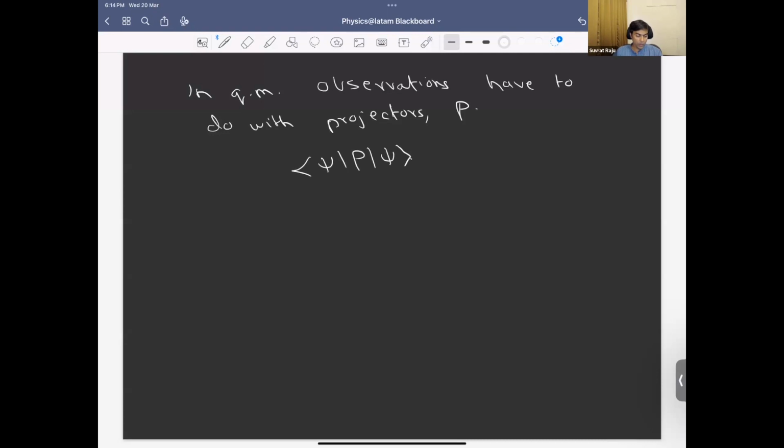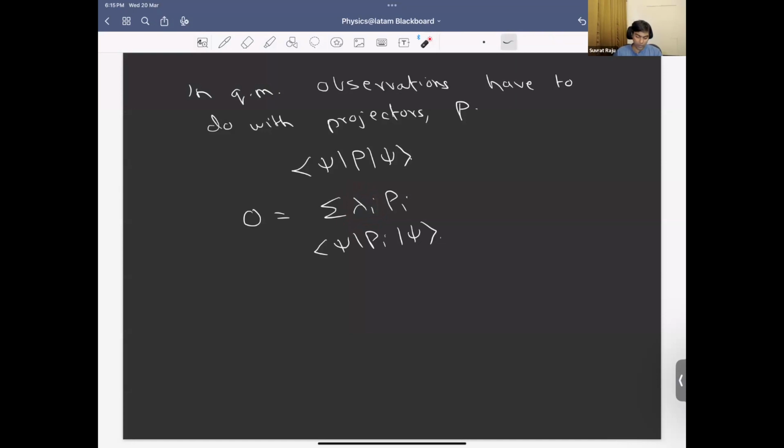For instance, say I give you an observable O, which has some spectral decomposition that looks like this. If I measure O, the information that I get is information about these projectors pi. You might say I also get information about these eigenvalues lambda i, but this information I can change just by normalizing O differently.